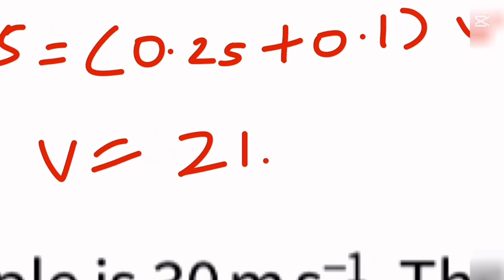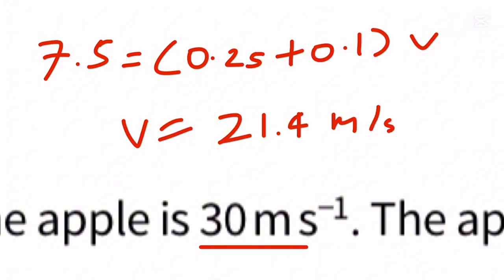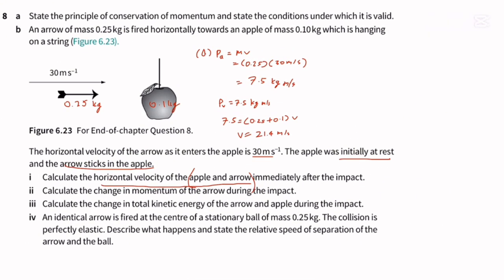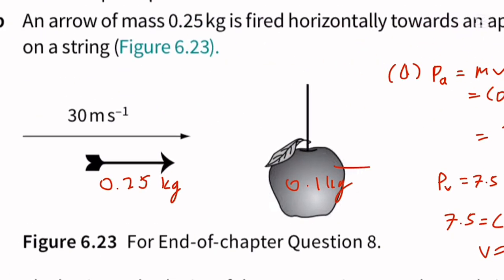So the final velocity is going to be 21.4 meters per second. After the collision, the apple and arrow stick together and both go at a horizontal velocity of 21.4 meters per second. It's only horizontal, but maybe there's a string here, so there might be some vertical component. I'm not sure about that.